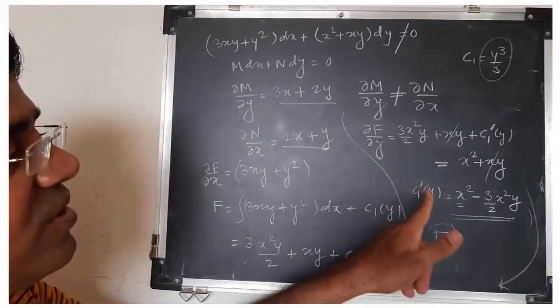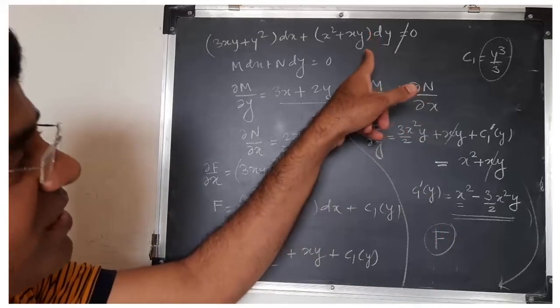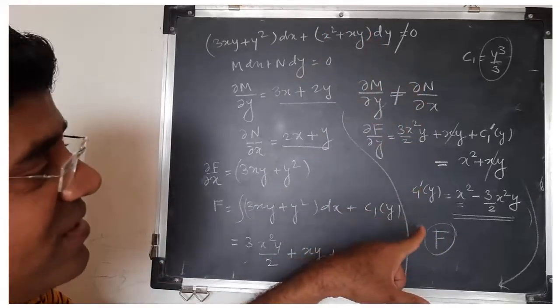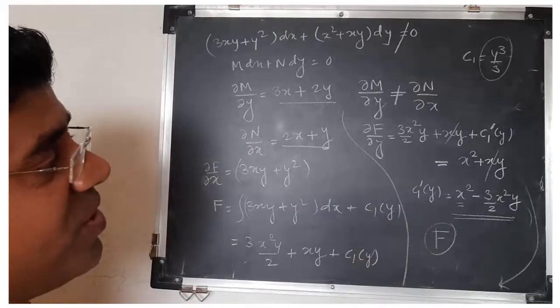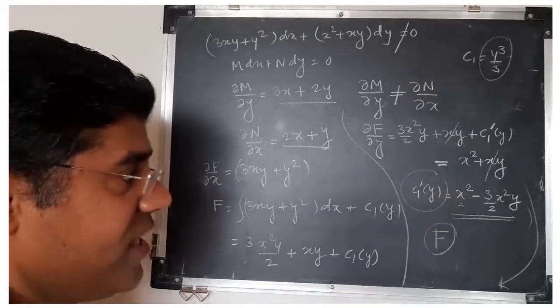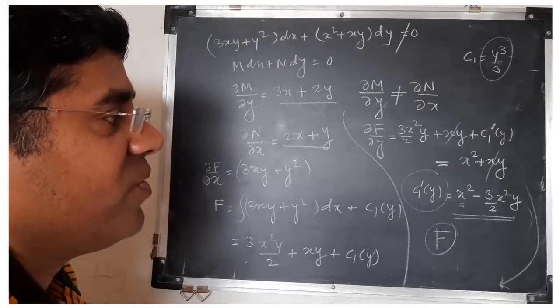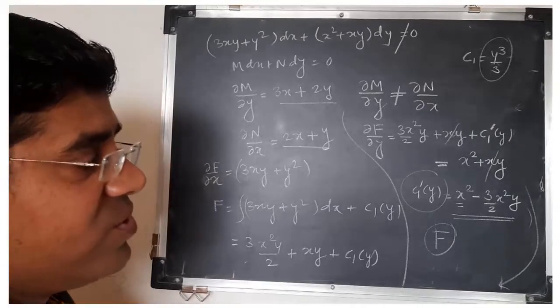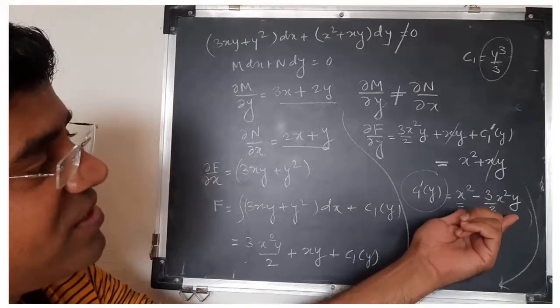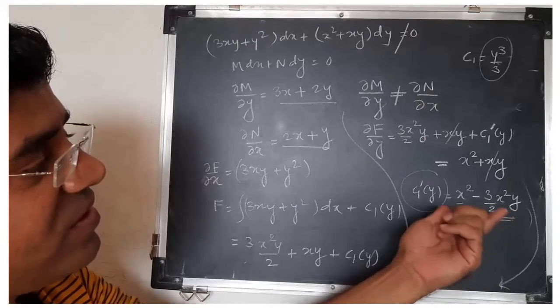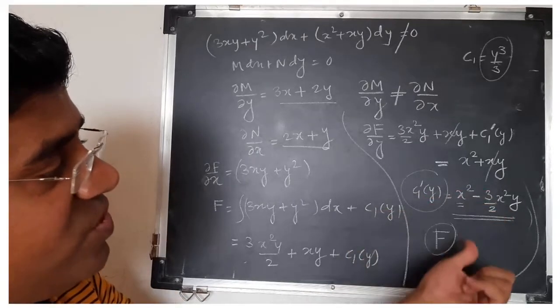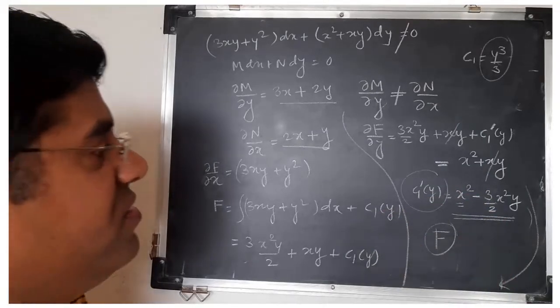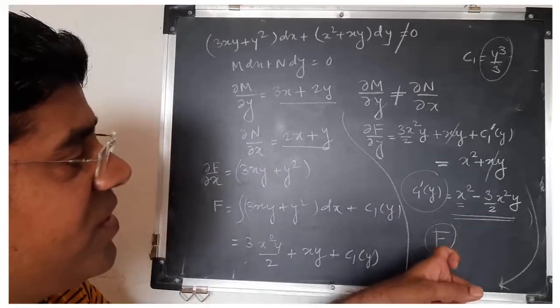So this is not an exact differential condition, and if you still want to find the function, that is not possible, because whatever the constant is there, which is a function of y, should be free from x. If that function contains some x term, you can't go on to find that particular function.